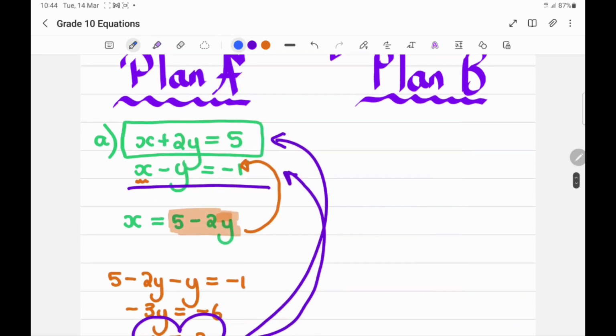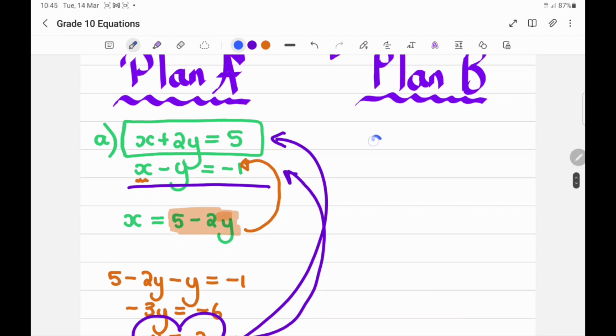All right. So sometimes you get two equations where you can't get the x or the y alone. Like for example, if you've got 2x minus 3y is equal to 4 and 4x minus 3y is equal to 20.